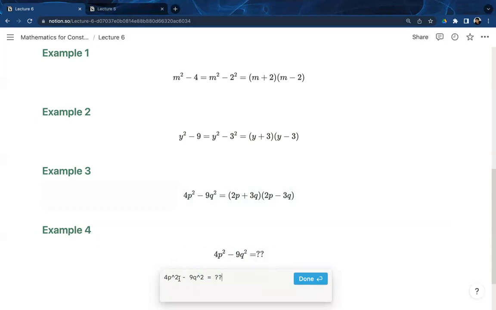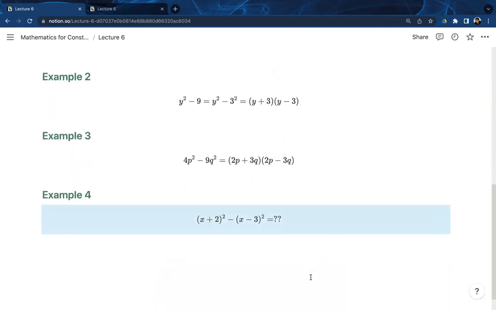So for example, I can have a bracket here, and I could have a bracket here. So I could put something like x plus 2, and this could be x minus 3, okay?